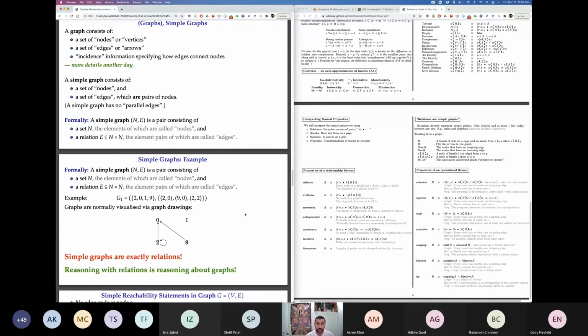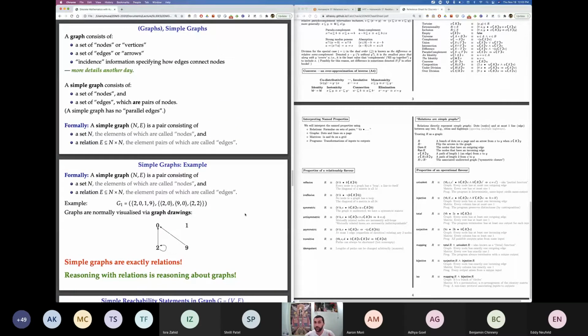So I hope everyone is comfortable with the idea of a simple graph, just a bunch of dots and lines between them. Nothing too deep. It's like having cities and then at most one highway between any two towns. Or you work in a company and the people are called the nodes or the vertices, and the supervisor relationship is the edges.